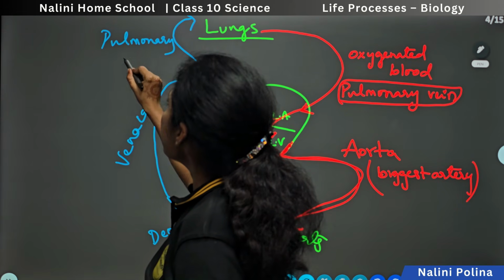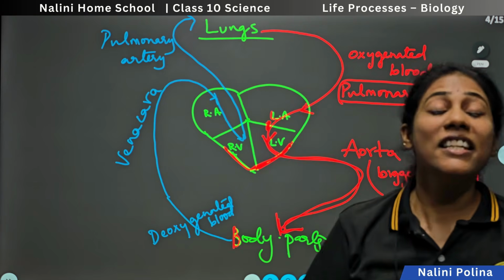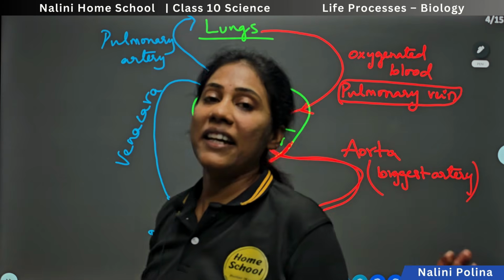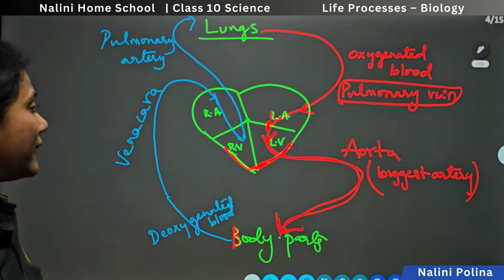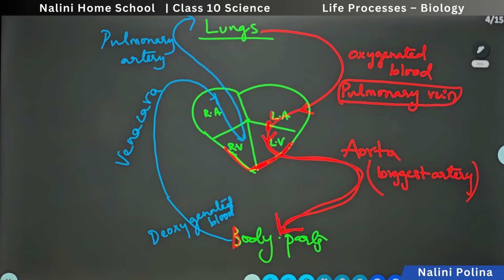So this is the only artery in our body which carries deoxygenated blood. Otherwise, all arteries carry oxygenated blood. So this is the sequence of passing blood, guys.